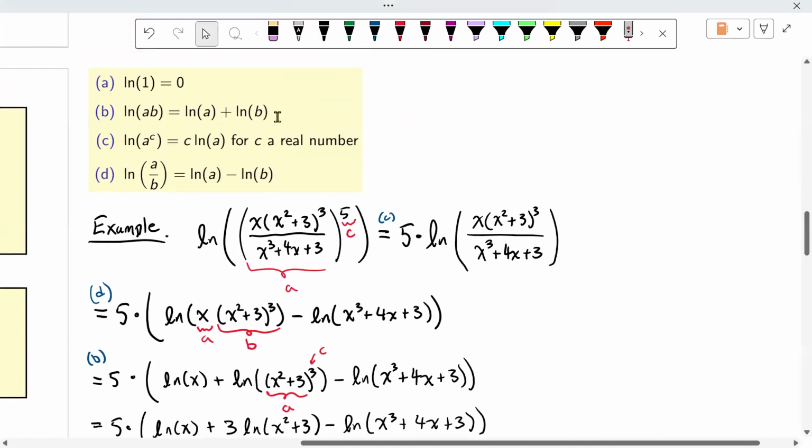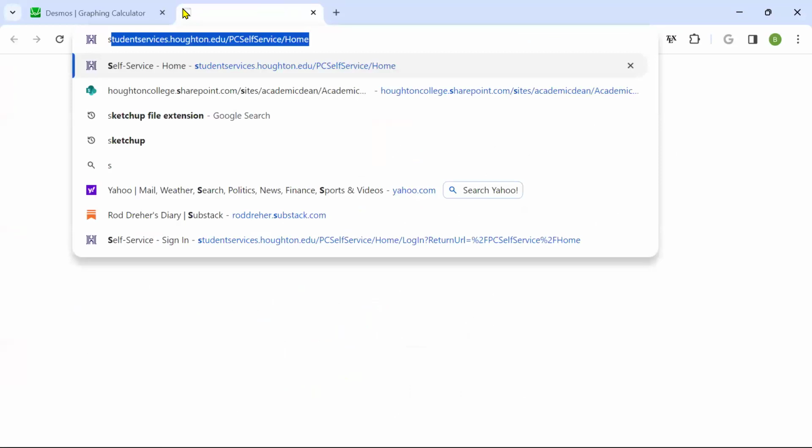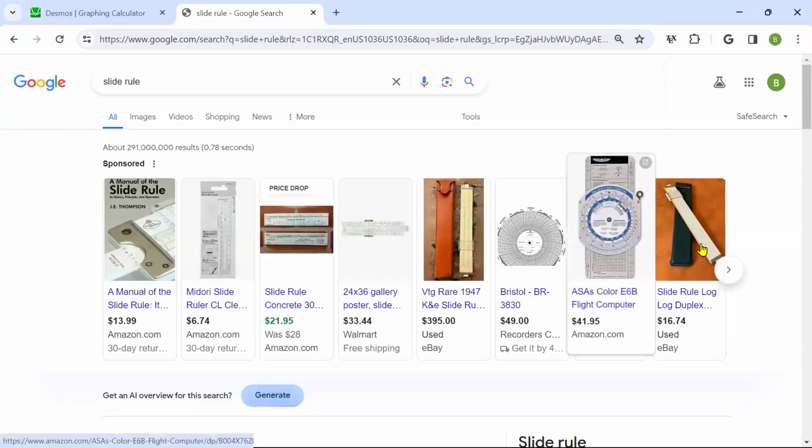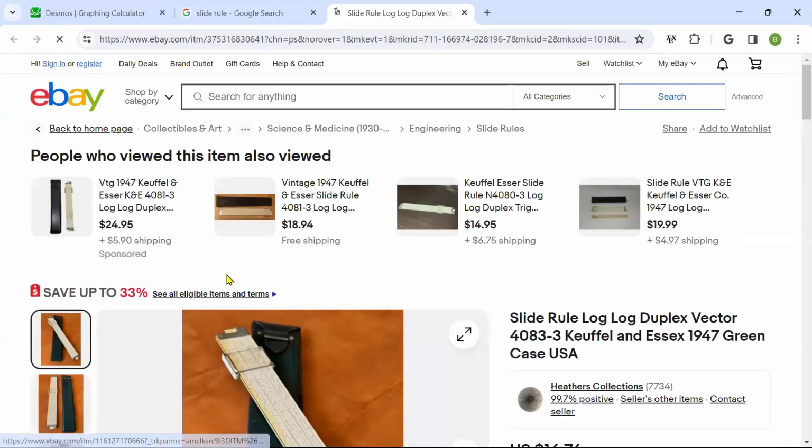And if you grew up before the era of calculators, there was a device you would use to do multiplication with numbers. I don't know if any of you have seen one of these before, but it's called a slide rule. It's a mechanical type calculator.